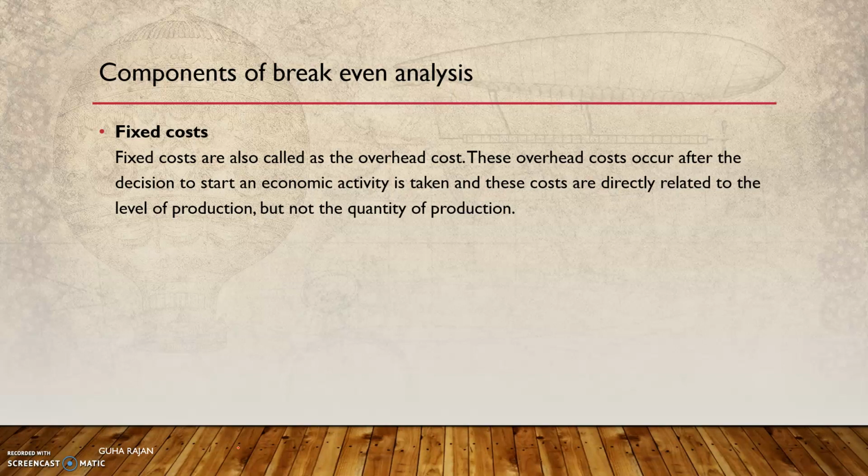You need to pay the rent for that commercial building complex or for that factory. So you cannot do away with that. That is a kind of fixed cost. And similarly, if you have invested in the machinery, whether you operate the machinery or not, you have invested. That is all fixed cost.